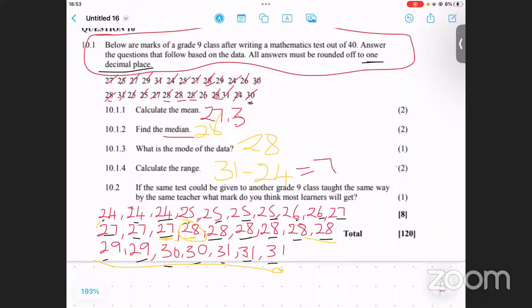If it's a different class taught the same way, we assume the learners are more or less the same, and that means the answer is going to be 28, and you guys are absolutely correct.